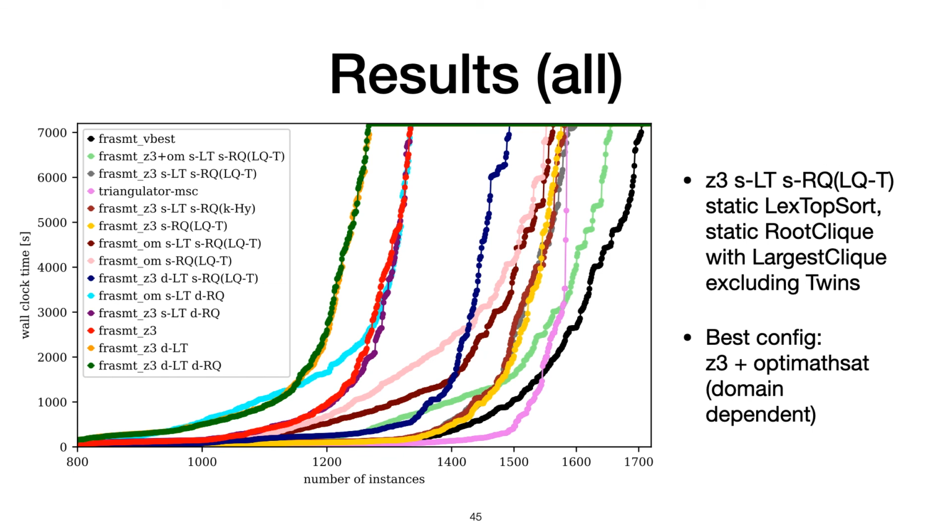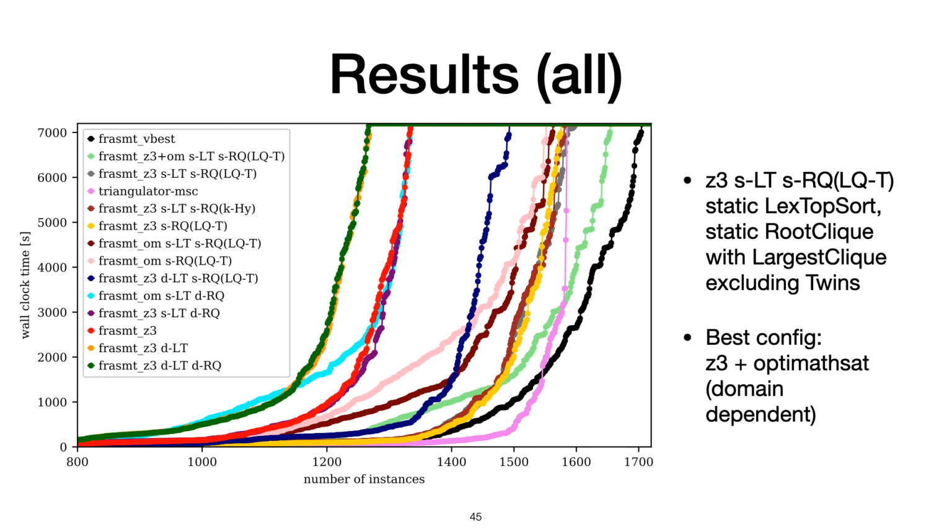When we now take a look at all configurations, we observe that the best configuration is with the SMT solver Z3, then static LexTopsort, static RootClique with the largest clique excluding twins, and we can actually even improve this by using another SMT solver on top, so a combination of Z3 and OptiMathSAT, where the solvers are used domain dependent, depending on the origin of the instances, and then we obtain a configuration that solves 1,657 instances.